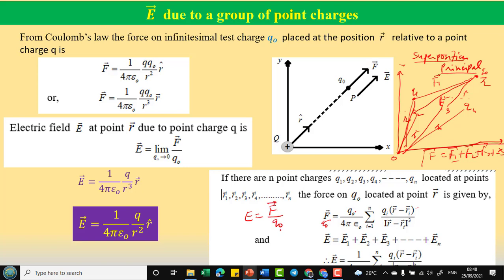So we find the net force and divide it by Q naught, but this force is also like this one, right? So each term will be divided by Q naught, Q naught, Q naught, Q naught. That also can be written in this form: E is equal to E1 plus E2 plus E3 plus dash dash dash En, right? And the force is this much. Of course when you are dividing by Q naught, this Q naught will get cancelled, so you are writing this E.